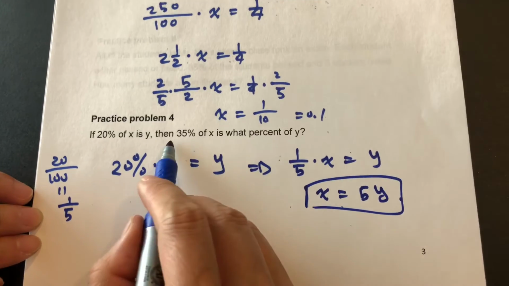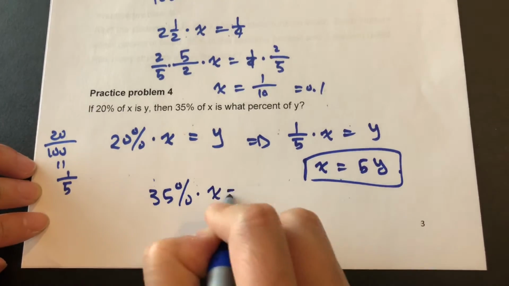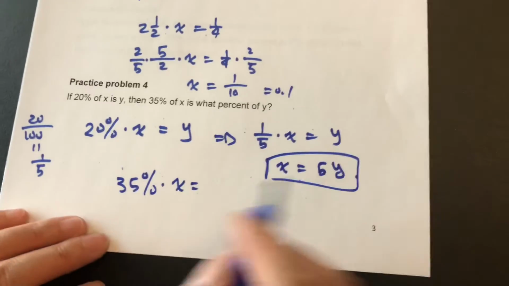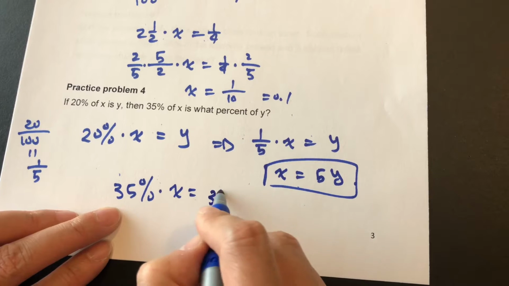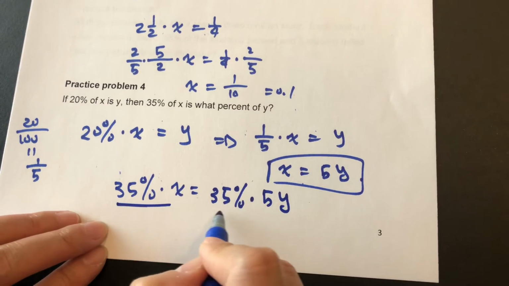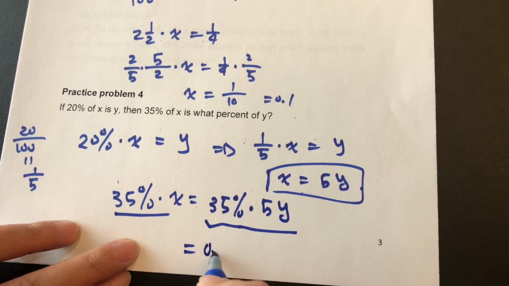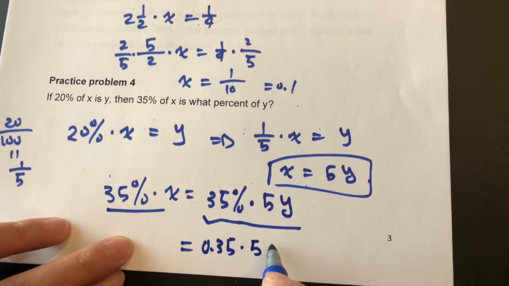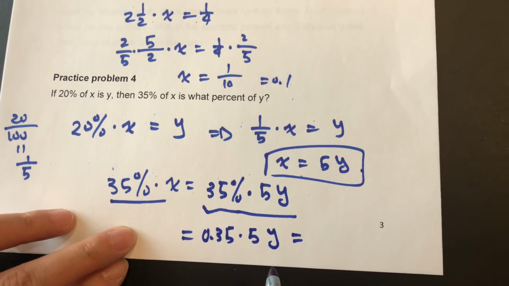And 35% of x equals how many y? x equals 5y, we can put this in there. 35% multiplied by 5y. So this is this many y. 35% is 0.35, multiplied by 5 of y. And you carry the coefficient out.